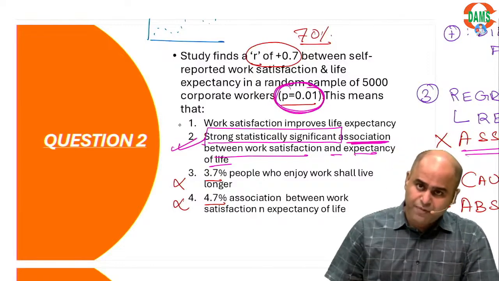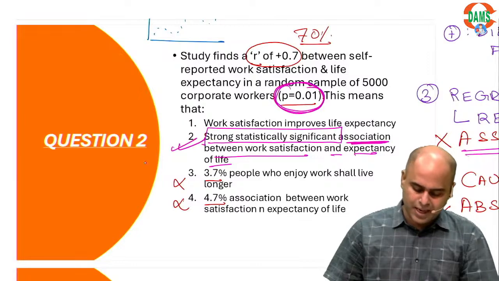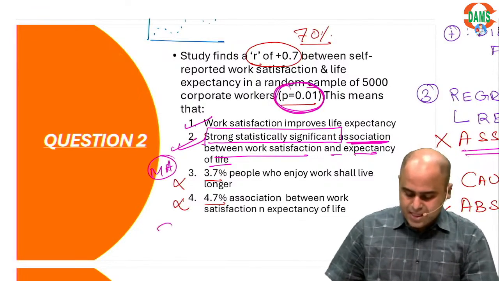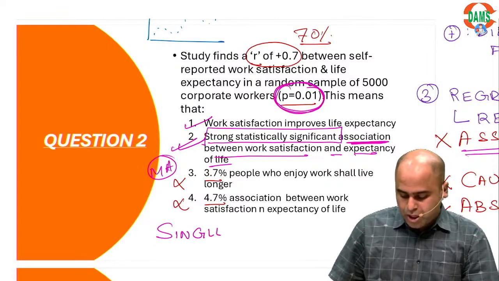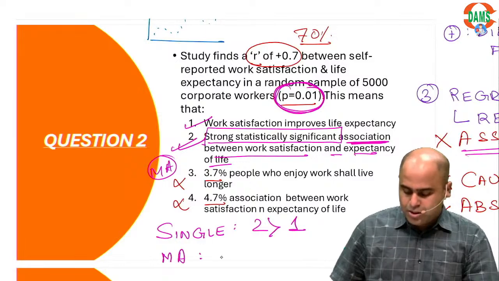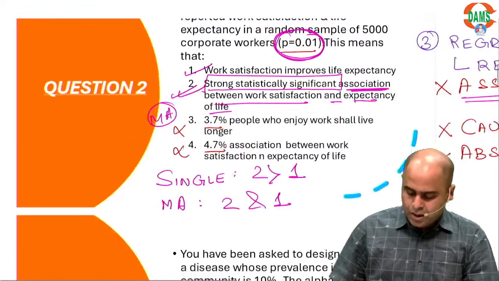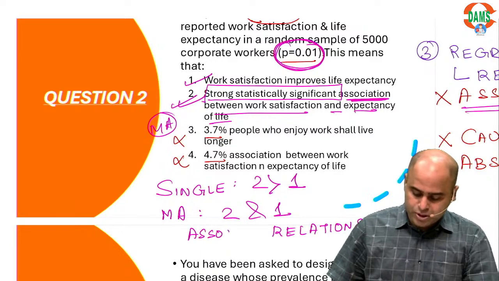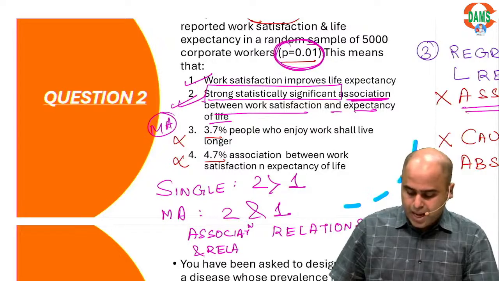If it is a multiple answer correct, then the answer would have been 1 and 2. But if it is a single answer correct, option 2 is better than 1, because option 1 talks about only relationship, whereas option 2 talks about association and relationship both. I hope I am clear with this.